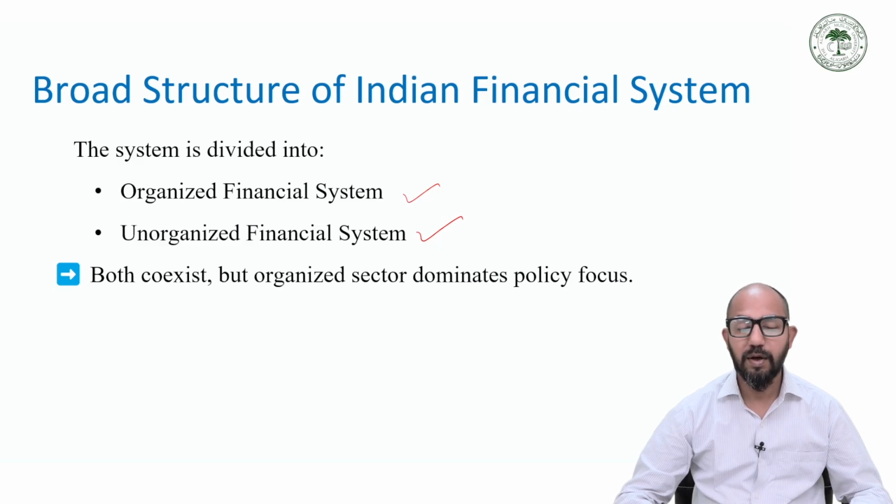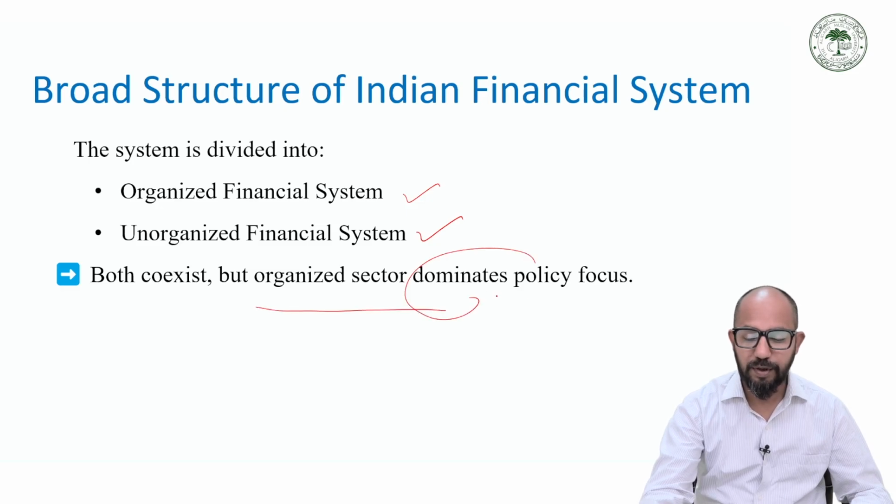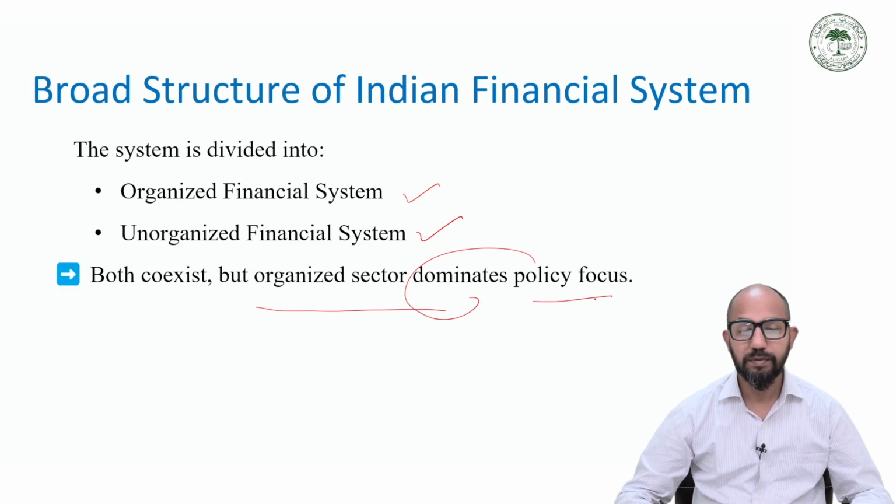On the other hand, the unorganized financial sector is one where we have no such rules, no such formal structure, etc. In the Indian financial system, both the organized and the unorganized financial systems coexist. But the organized sector always dominates the policy focus.